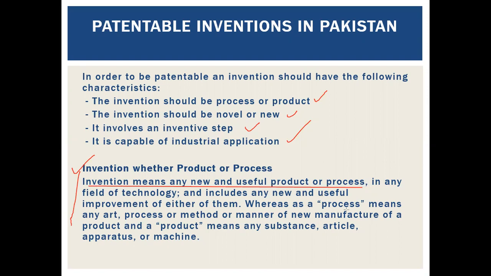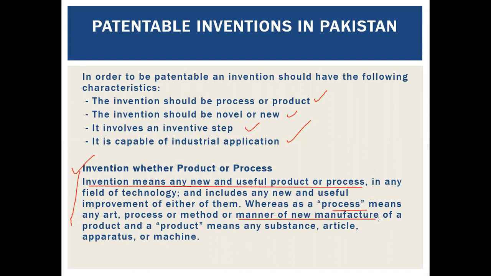But if we talk about the process, that may be the art, process, or method. It may be the manner of doing something, maybe part of a strategy. That's the manner of manufacturing a product, basically a way to make a new product.